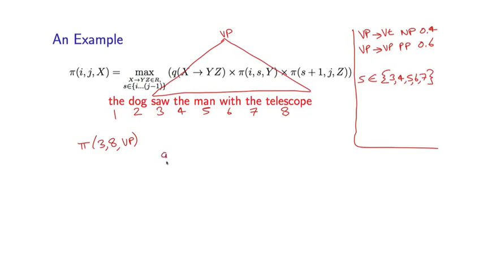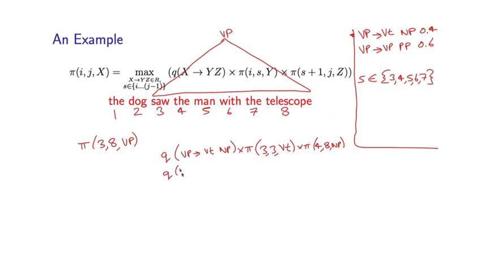So let's go through these options. So I can compute q of VP goes to VT NP times pi 3 3 VT times pi 4 8 NP. So that's one option. So I can calculate this value. So this is the case where I choose this rule here, and I choose the split point equal to 3, and so pi i s is 3 3 VT, and pi s plus 1 j is 4 8, and z is NP.